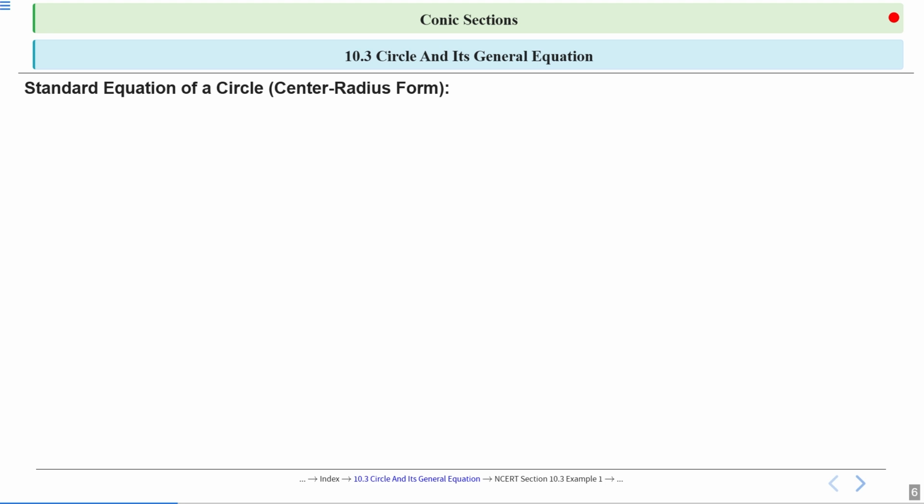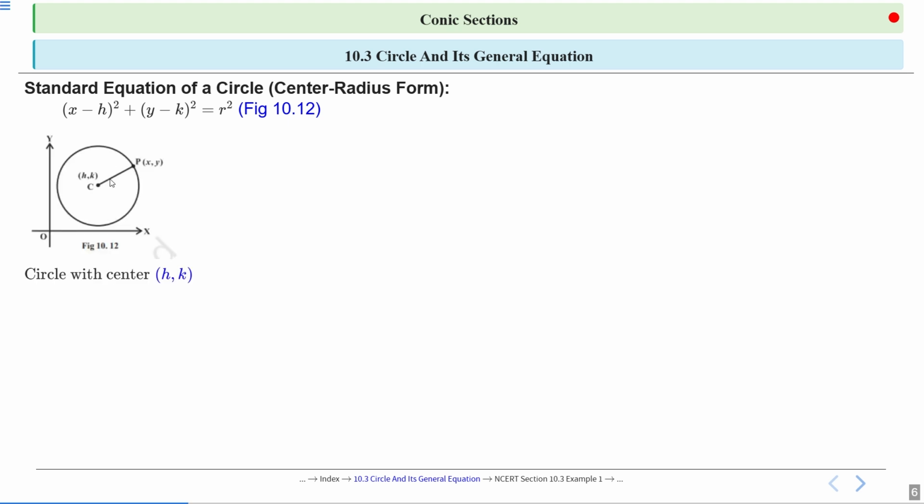Now, the standard equation of a circle in center-radius form. So note this: (x − h)² + (y − k)² = r². We will visualize this in figure 10.12. So see figure 10.12.